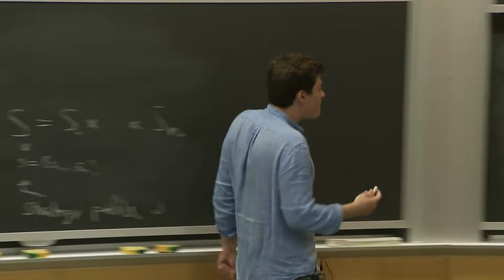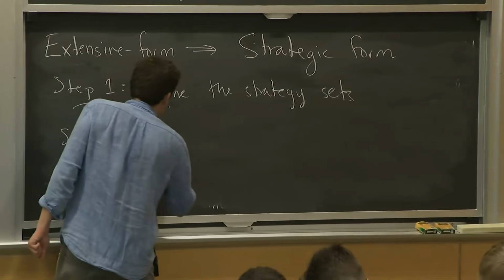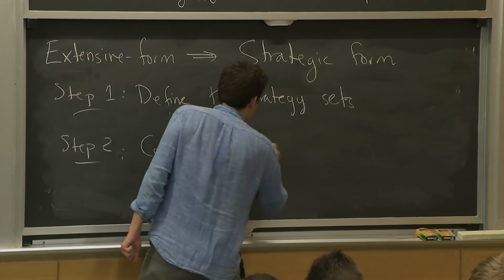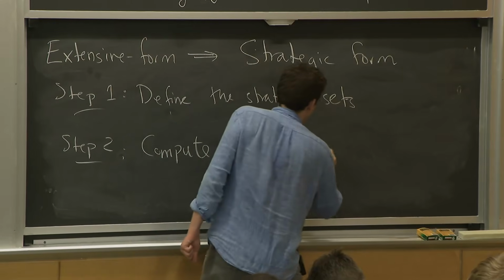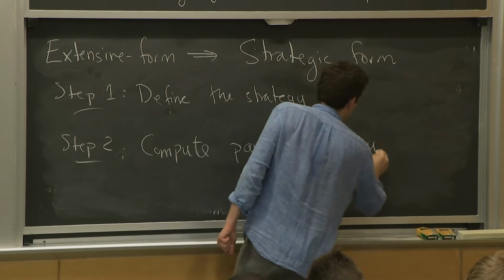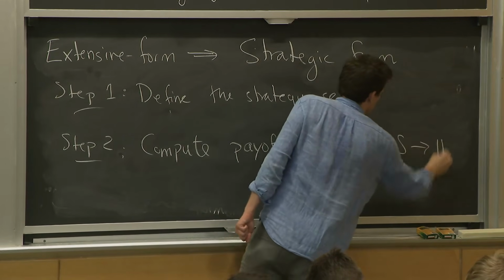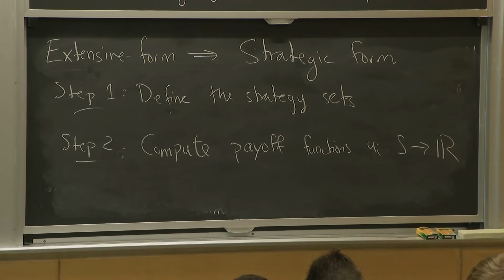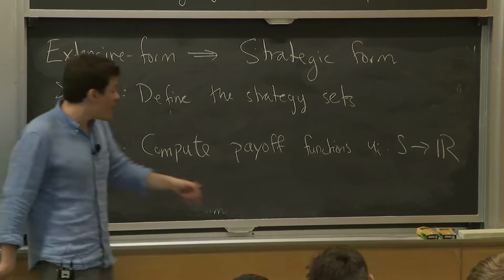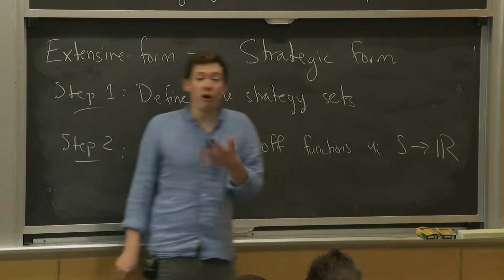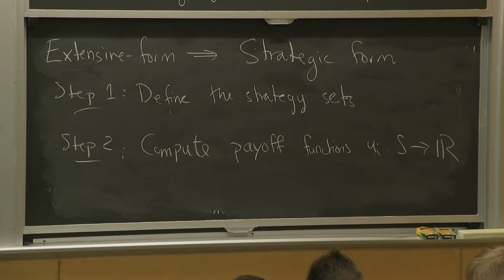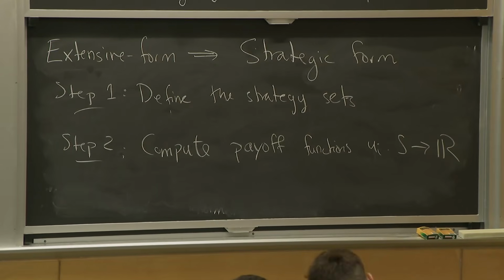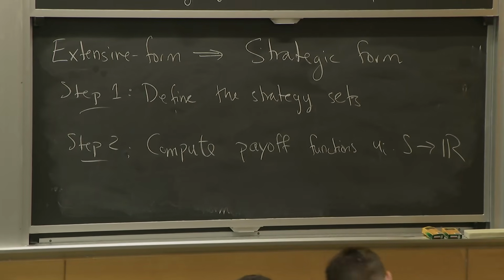And then the second step is to compute the payoff functions u_i from S to R. That is, once I've defined the strategy sets, I still have to say, if you give me a strategy profile specifying a complete contingent plan for each of the players, what is the payoff that player i is going to get from that profile?